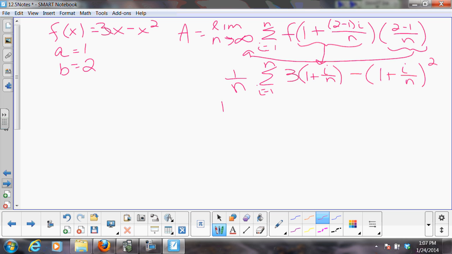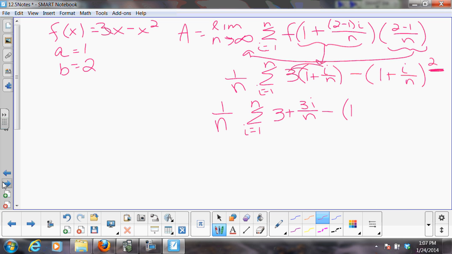Now keep going with your math. Distribute the 3 in. This squared means there's 2 bubbles. You actually have to FOIL this out.